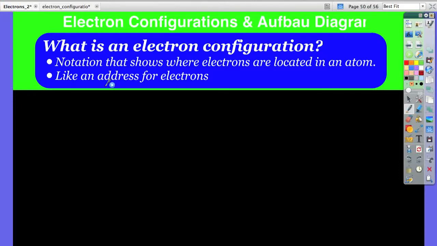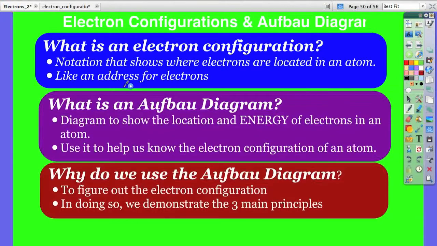So it's just like giving an address for the electrons. What's an Aufbau diagram? It is the diagram, just like the hotel, to show the location and energy of electrons in the atom. We use it to help us know the electron configuration of an atom, and to demonstrate the 3 main principles.